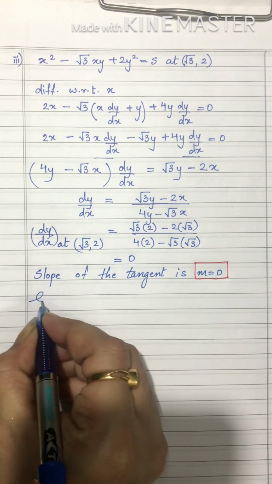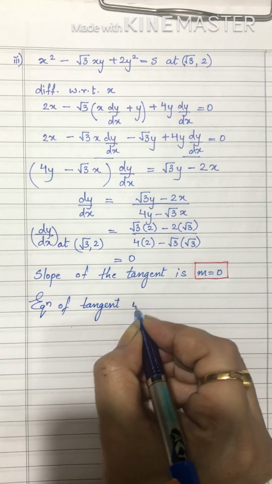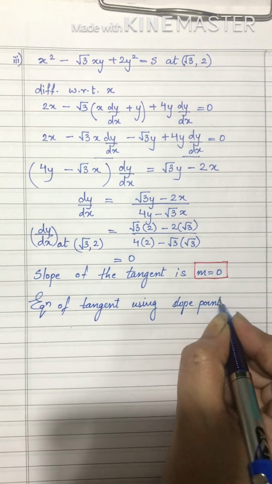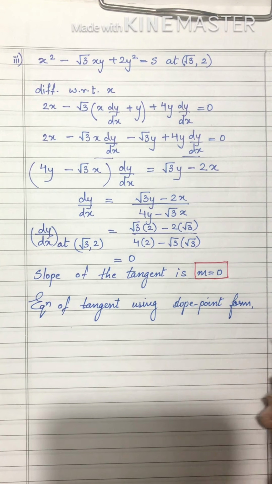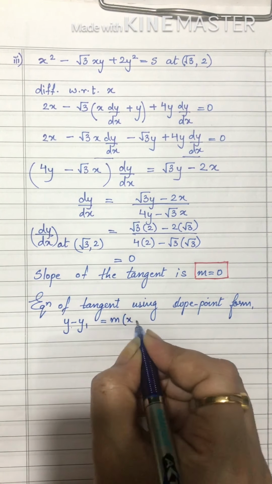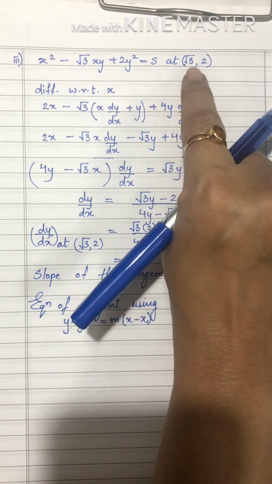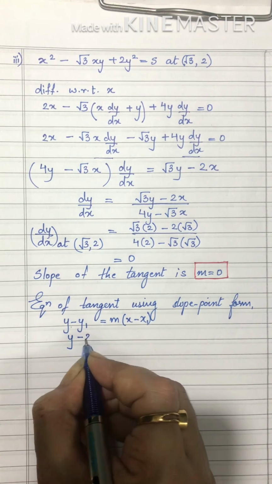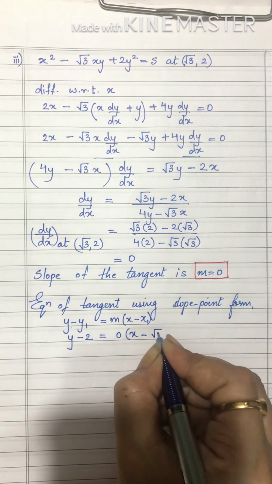Now further, equation of tangent using slope point form. Equation of tangent using slope point form, we will get y minus y1 is equal to m into x minus x1. Okay, I substitute x1 and y1 from the points given to us. This is x1 and this is y1. So I get y minus 2 is equal to m, we already got it as 0, into x minus root 3.